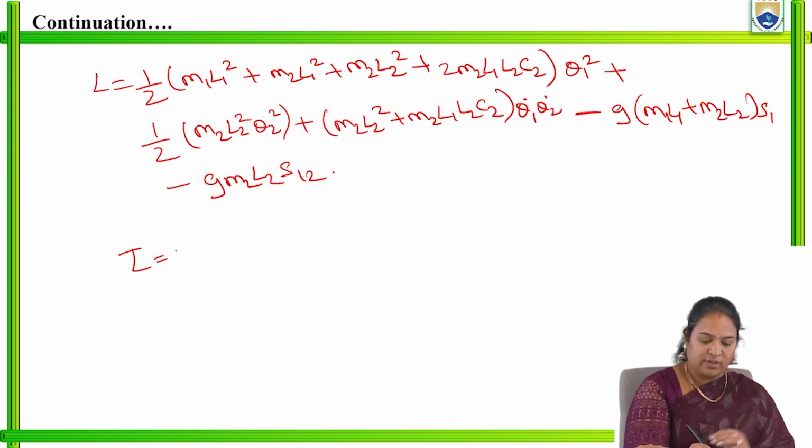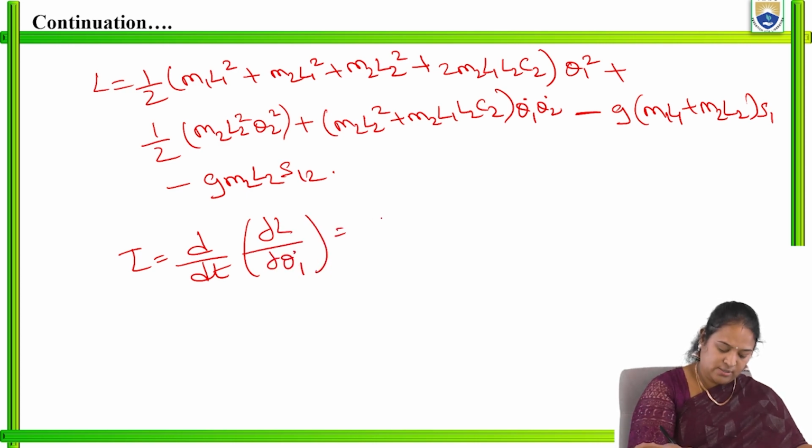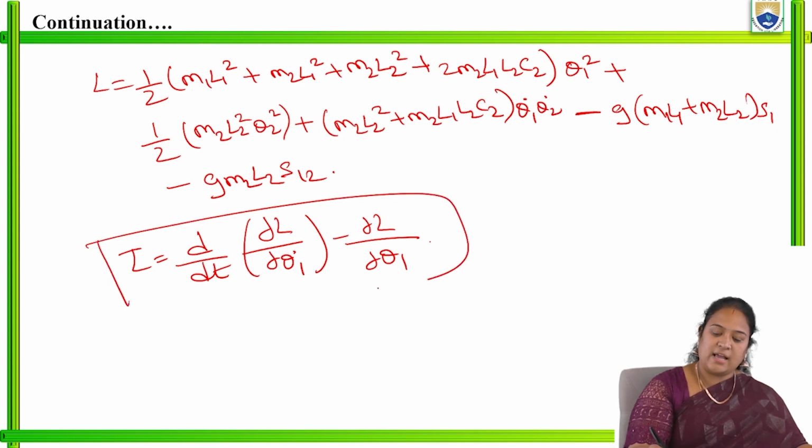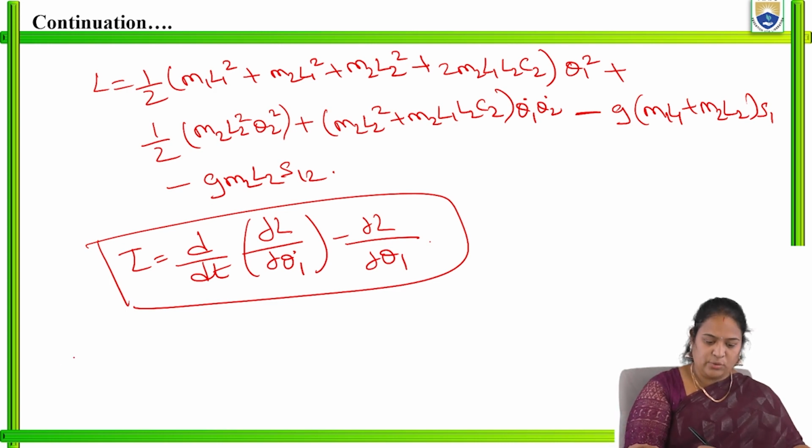So finally what we get, tau is equal to d by dt of dou L by dou theta 1 minus dou L by dou theta 1. So this is the actual torque equation. So d by dt into dou L by dou theta i minus dou L by dou theta i, that we need to differentiate.